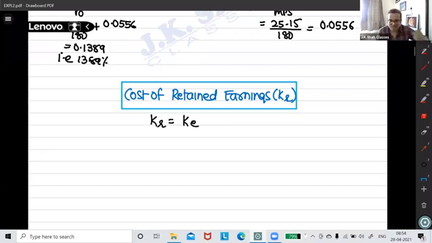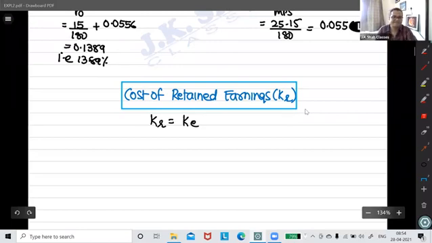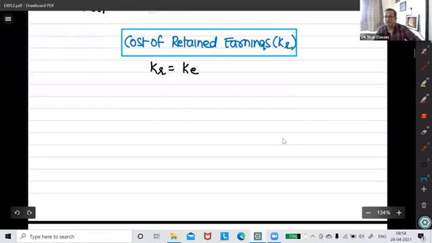Okay, so let's write this. KR is equal to KE. Retained earnings belong to equity shareholders.